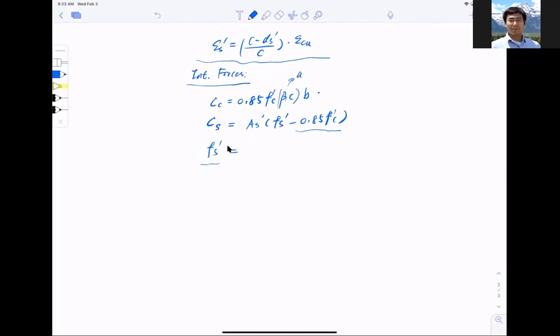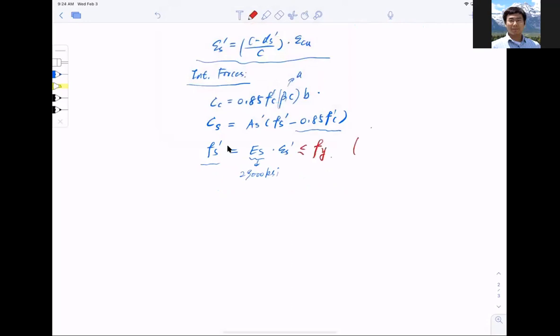Now F S prime, the compressive stress in the steel, by the way stress, equals ES, the Young's modulus of the steel, which is 29,000 KSI, you should remember by now, multiplied by epsilon S prime, the compressive strain you calculate. And you have to make sure, I want to emphasize, this is smaller than the yield strength.